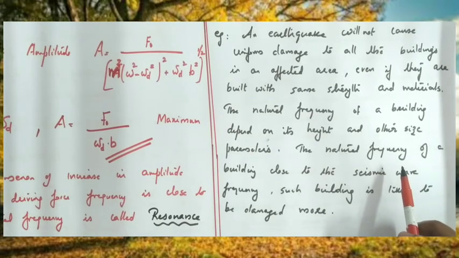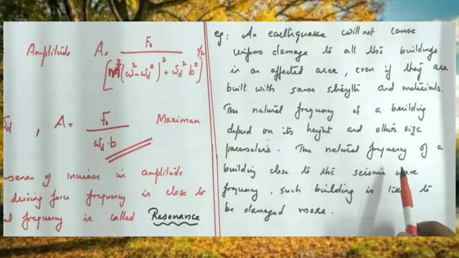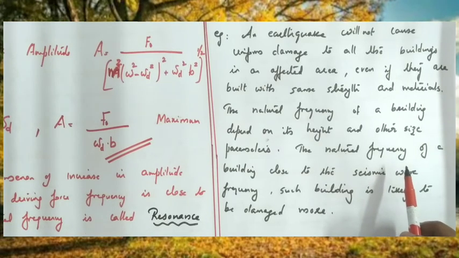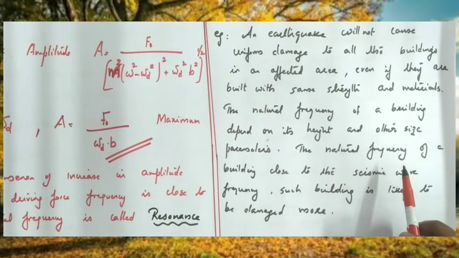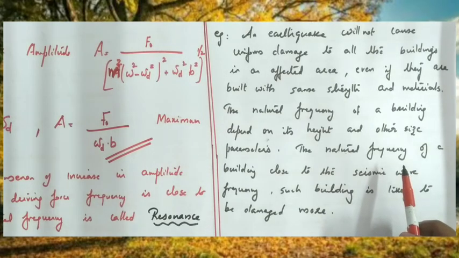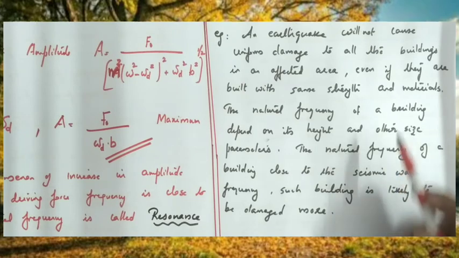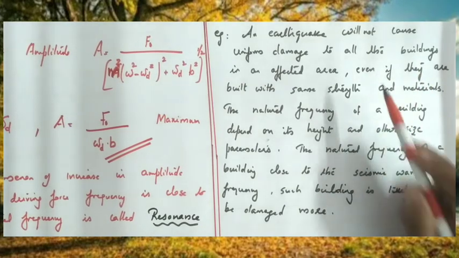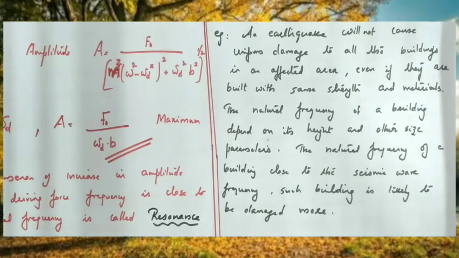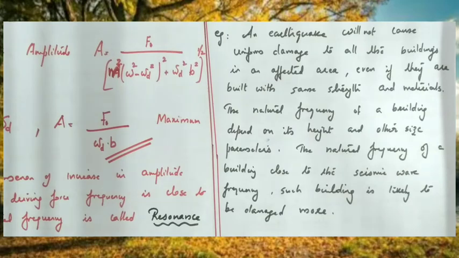If the natural frequency of the building is nearly equal to the seismic wave frequency, such buildings will be affected more. That is the reason why an earthquake does not cause uniform damage to all the buildings in an affected area. So these are some common examples of resonance.